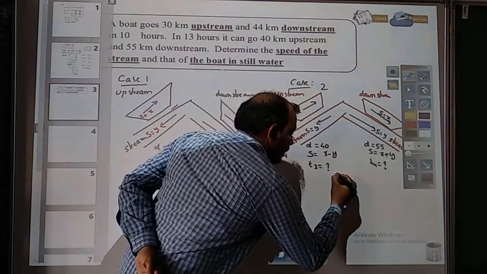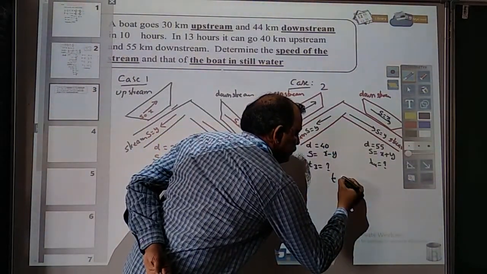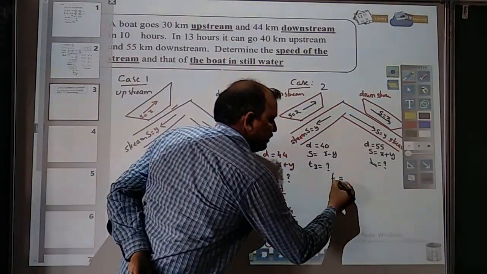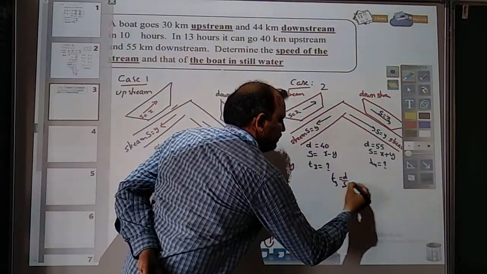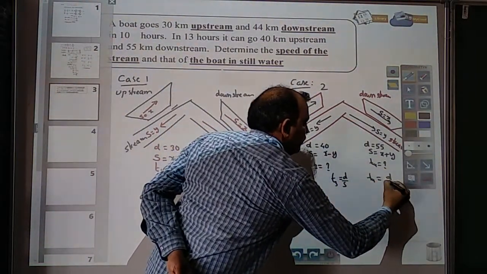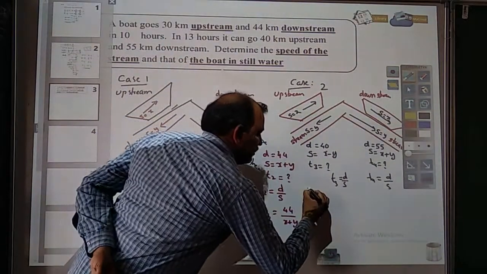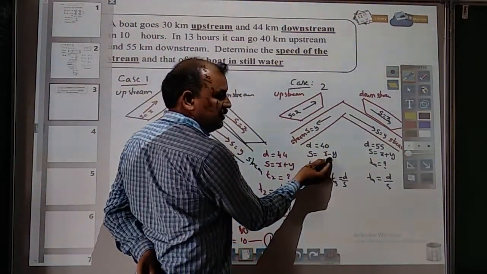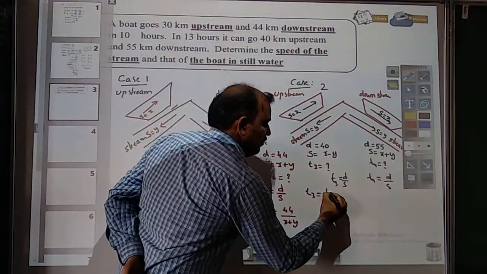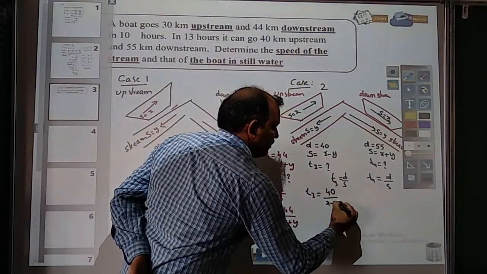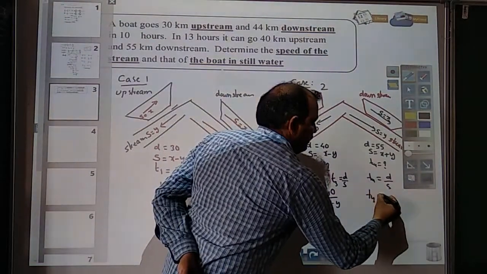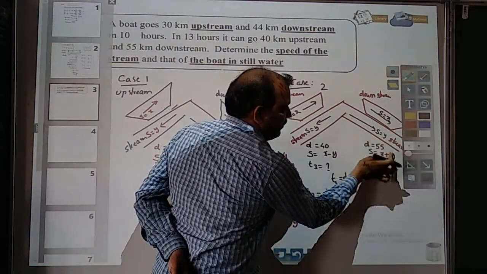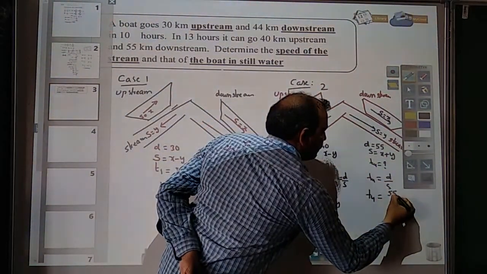Already we know that time t is equal to d by s. So t3 is equal to d by s and t4 is equal to d by s. T3 is equal to 40 by x minus y. Here t4 is equal to 55 by x plus y.